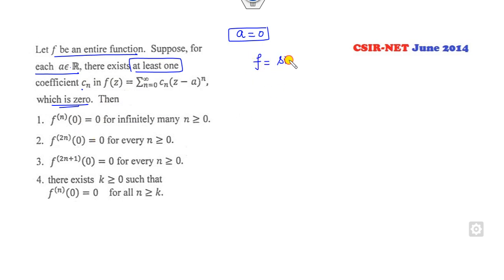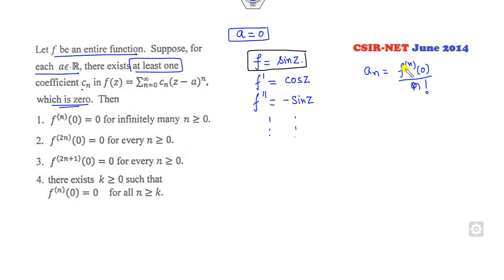If I choose sin z, and an is the nth derivative at the point 0 over n factorial, then the derivatives are minus sin z and so on. So if f is sin z, we get a2 is 0, a4 is 0, and so on. What does it mean?